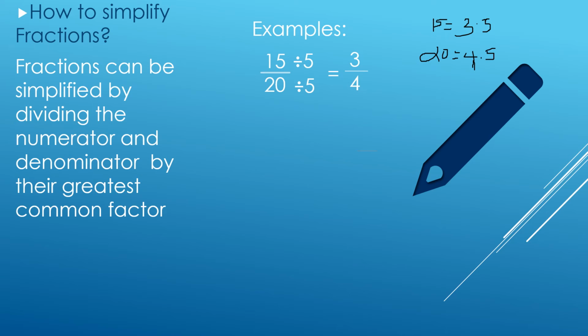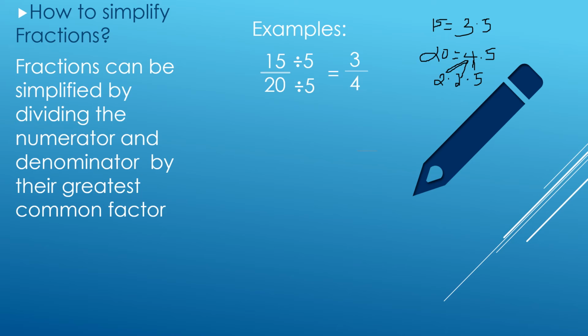Okay, pero ang 4 ay hindi pa siya prime. So, kailangan hanapin mo yung factor ng 4 na prime. So, 2 times 2. Then, times 5.